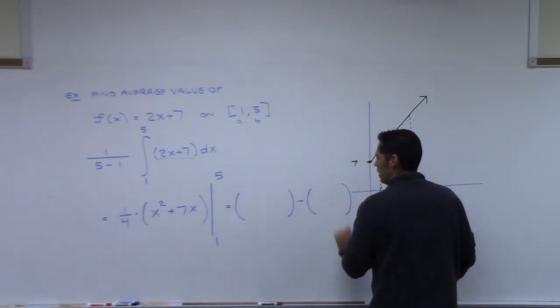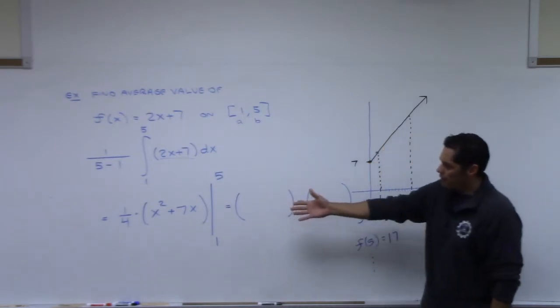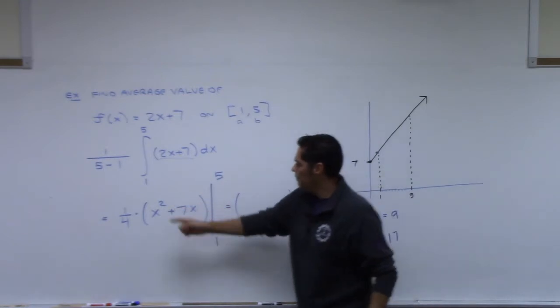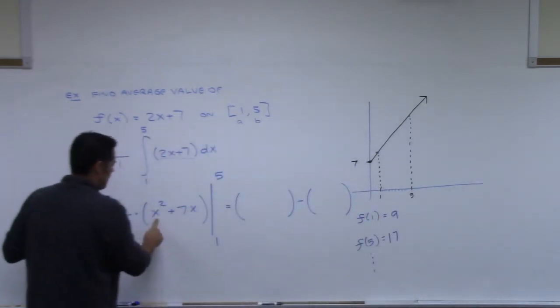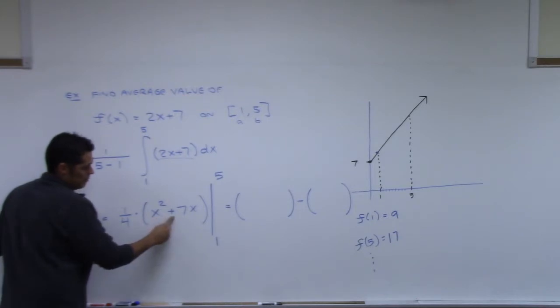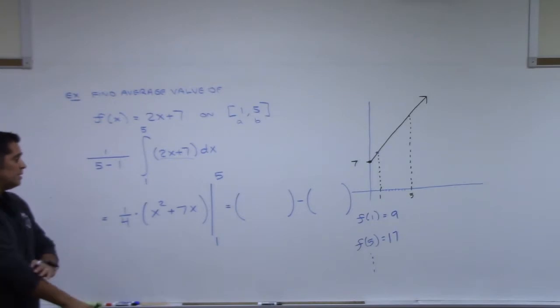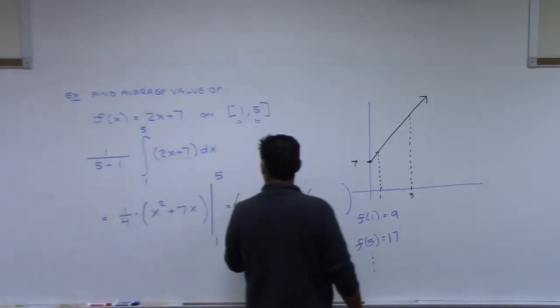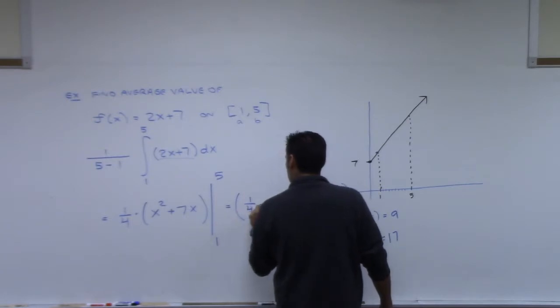Which one do I plug in first? The 5. So let's plug 5 in here. We get 5 squared, which is 25, plus 7 times 5, 35. So 25 and 35, 60. And then I have 1/4 out in front. Agreed? I'm just going to put 1/4 times 60.